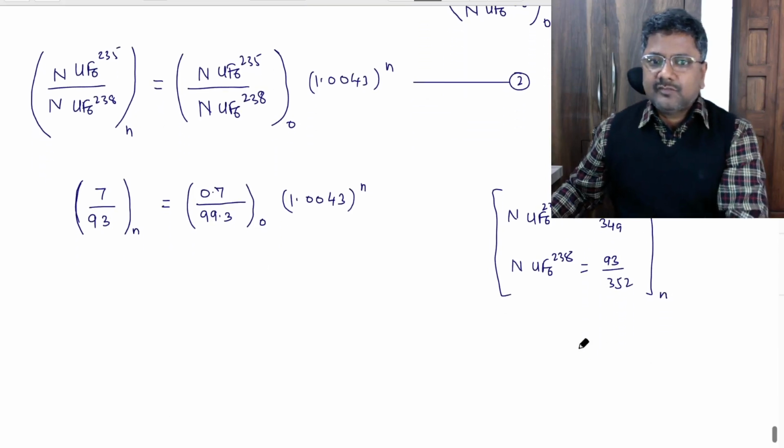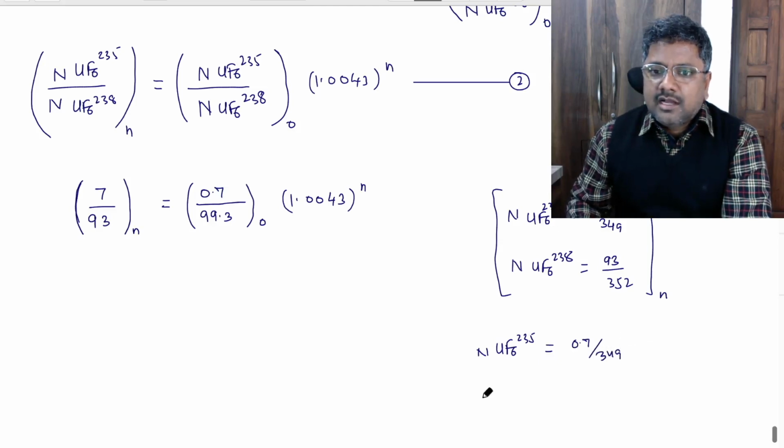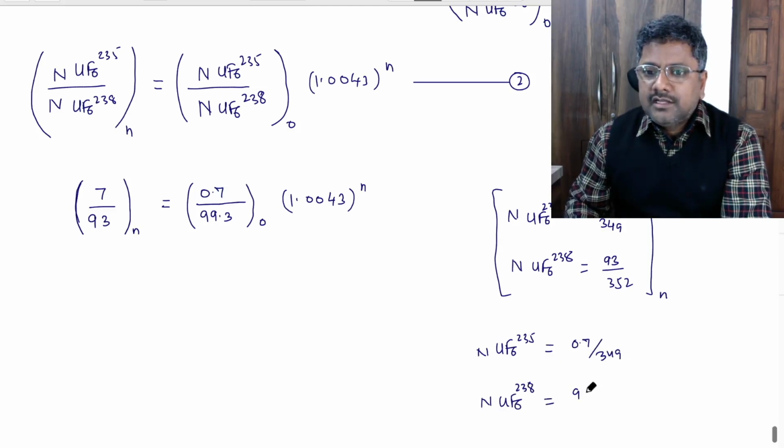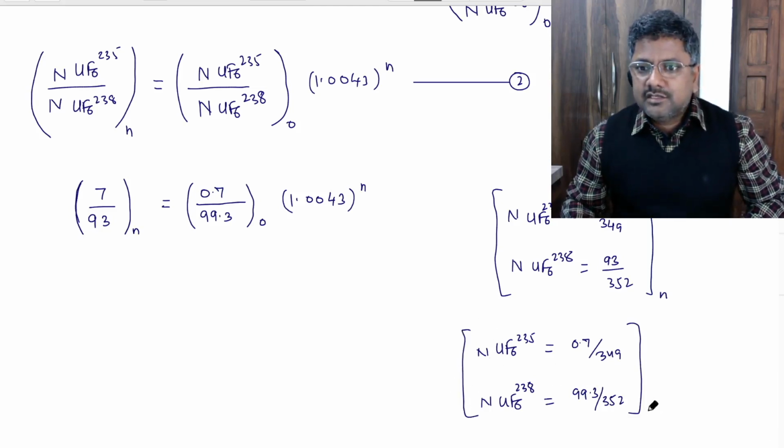Similarly, for this, moles of UF6-235 is equal to 0.7 by 349, and moles of UF6-238 is equal to 99.3 by 352. This is the original condition, right?